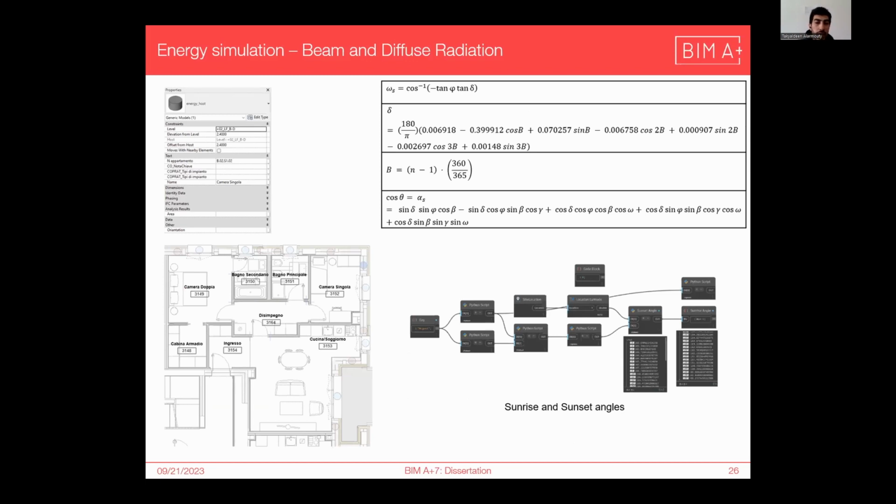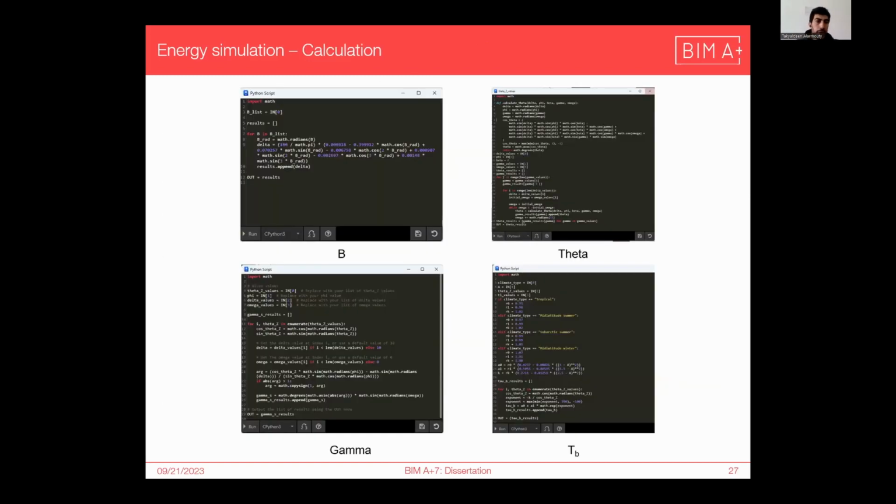As you can see here, 3 Python codes work to determine the times within a month during which an architectural element is exposed to direct sunlight. You can see here the Python codes that do the calculation.